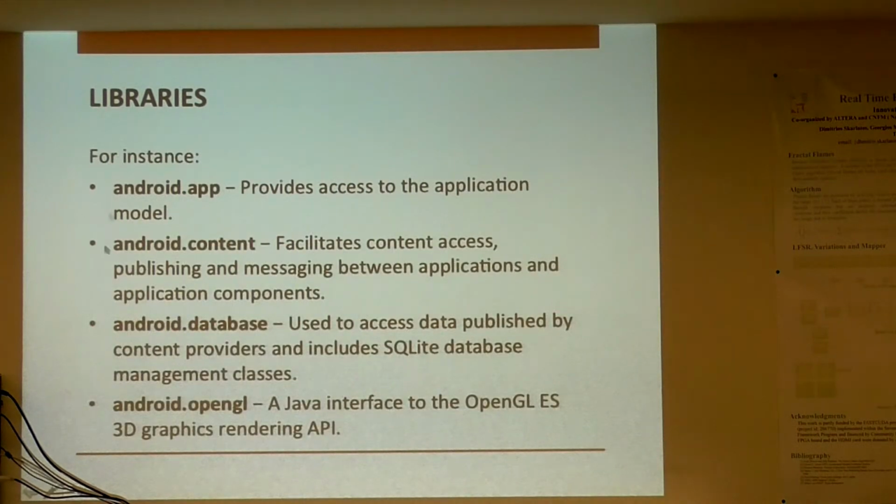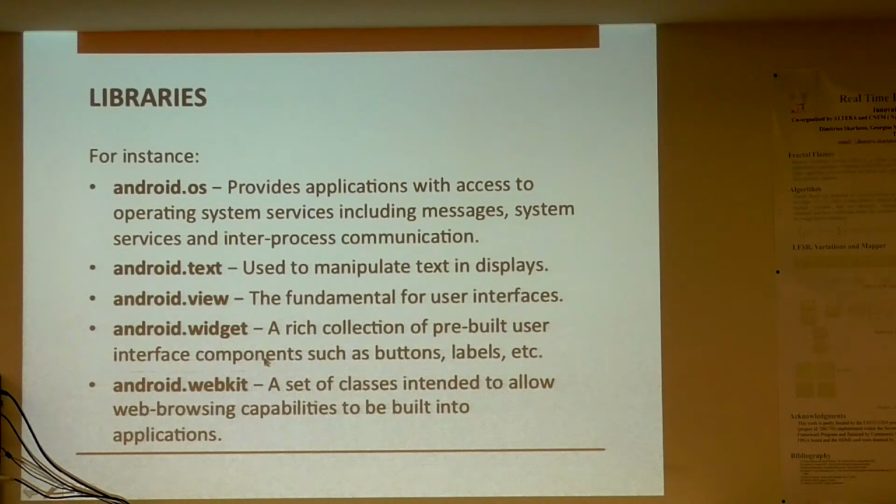And there are some libraries like Android.app, access to the application model, and Android content. We can facilitate access to some content. Android database, especially for SQLite, and Android.OpenGL, a Java interface for OpenGL. Another is Android.os, which is communication for processes.